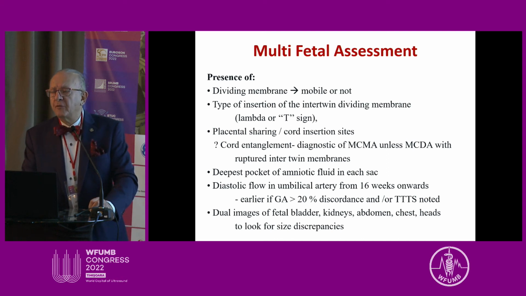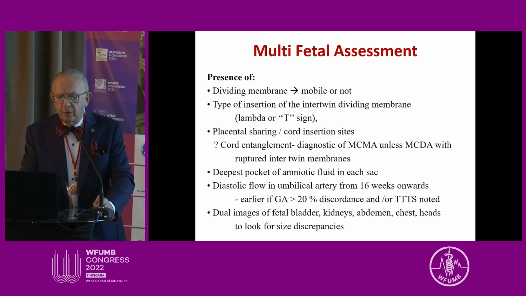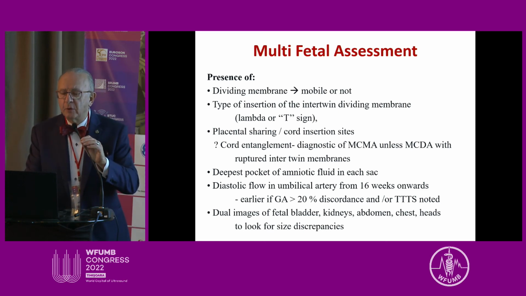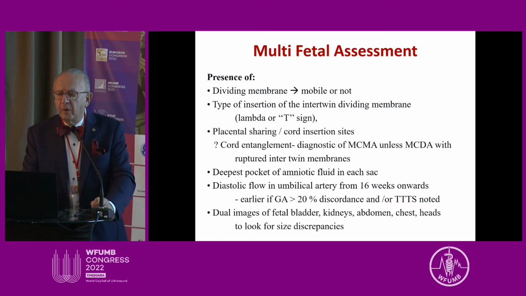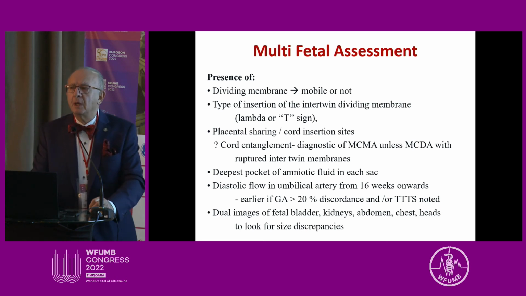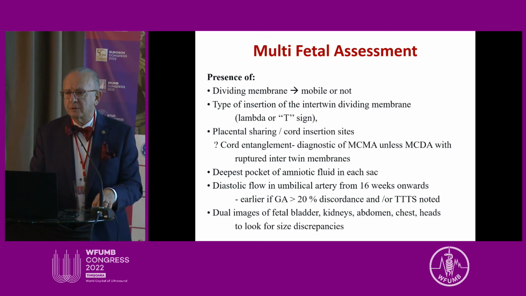In terms of Doppler velocity, we perform that from 16 weeks on, except if there's a larger weight difference. Now, 2 questions that sometimes are asked: how do you date the pregnancy if there is a discordance?